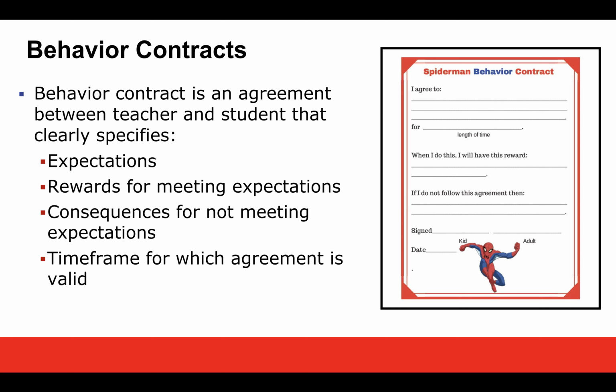So it might be for a month, it might be for the entire semester, but you really lay those things out, and they can be super effective, and students are often motivated by the rewards that they get to receive for meeting the expectations on their behavior contract.